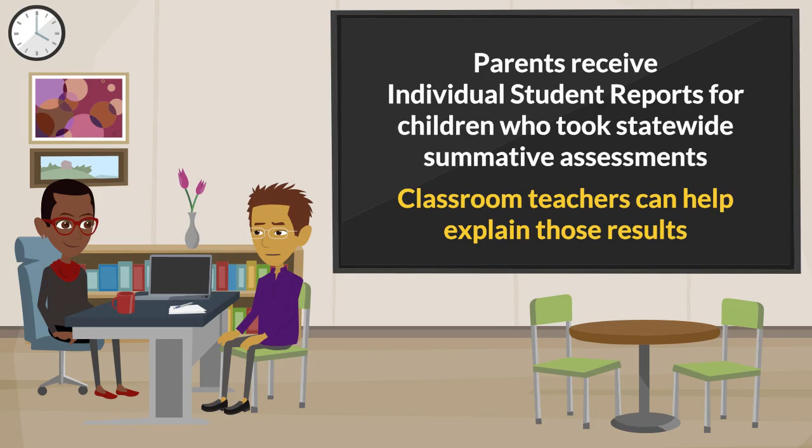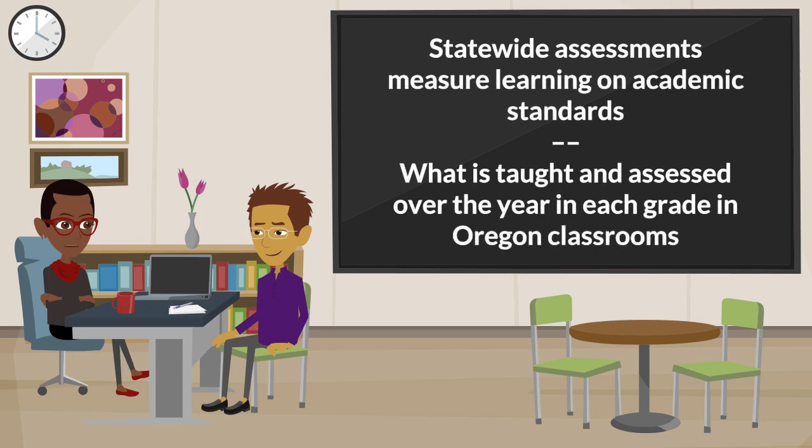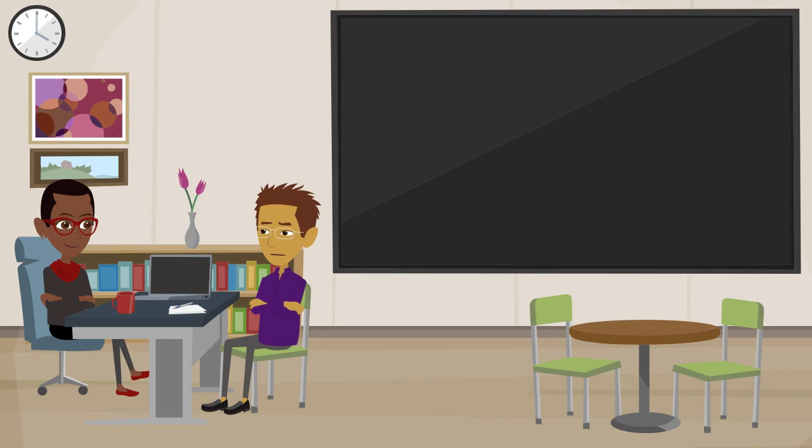That sounds great. Okay, before we look at the report, let's discuss some background information. The state administers standardized assessments in different content areas at predetermined points during the year to measure the progress students are making around academic standards. Academic standards, you mean the knowledge and skills that students should demonstrate in each grade, right?